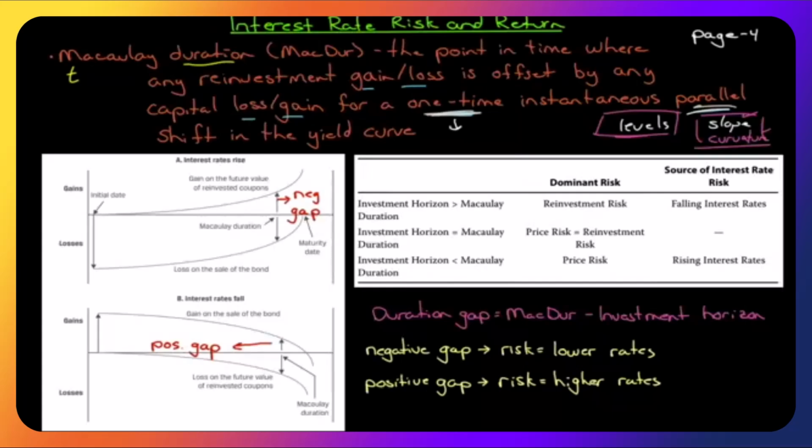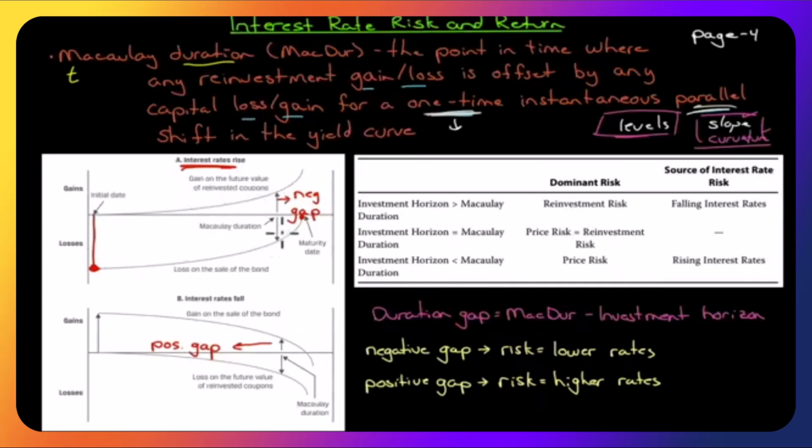Great. Let's go over to this first diagram, panel A, interest rates rise. If interest rates rise, what happens? Bang, the price of the bond drops because you have that inverse relationship. And there is our price trajectory. Over time, it's going to work its way to par. But because interest rates rose, the price dropped, look what happens to our reinvestment of coupons.